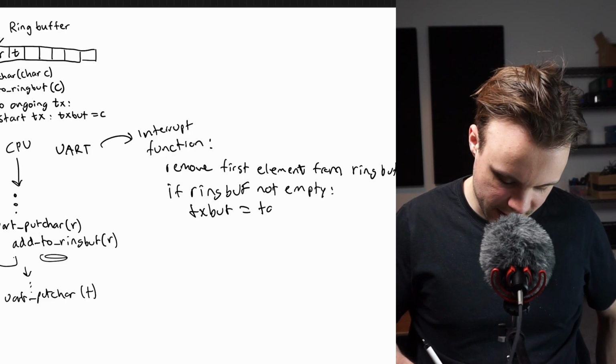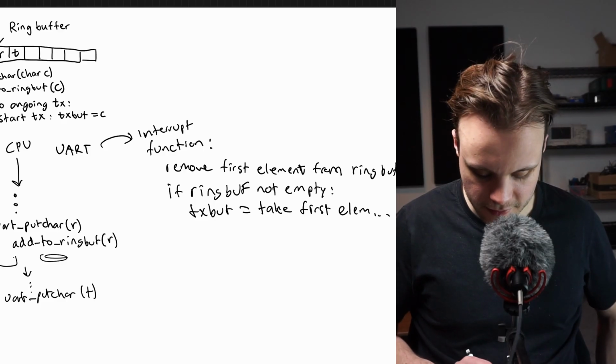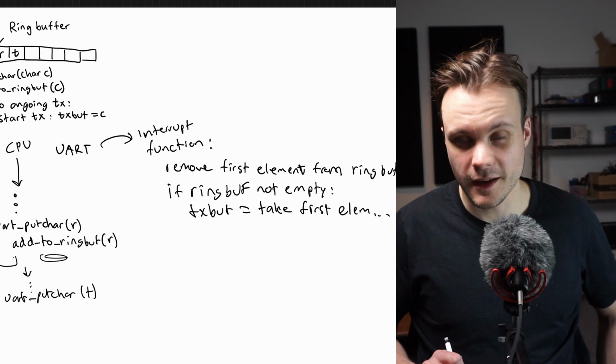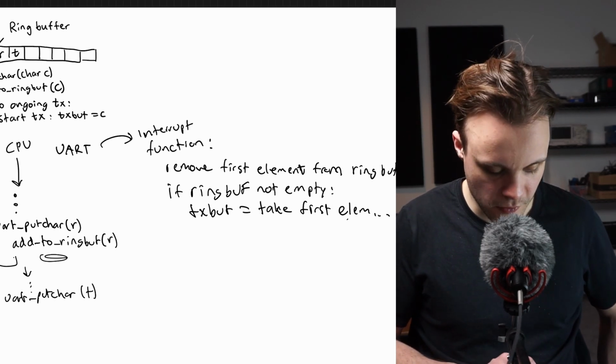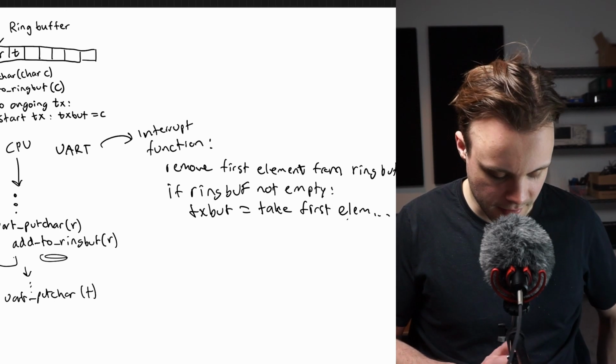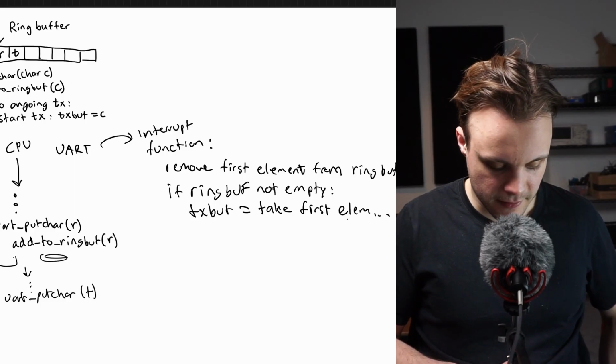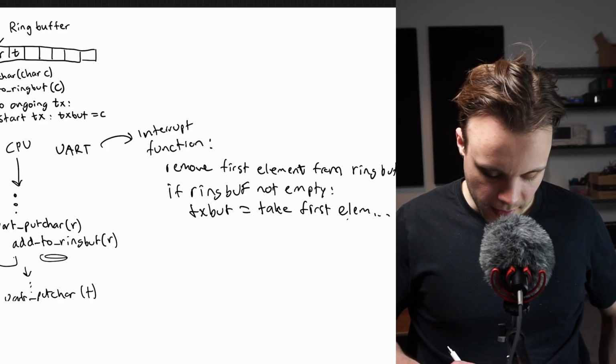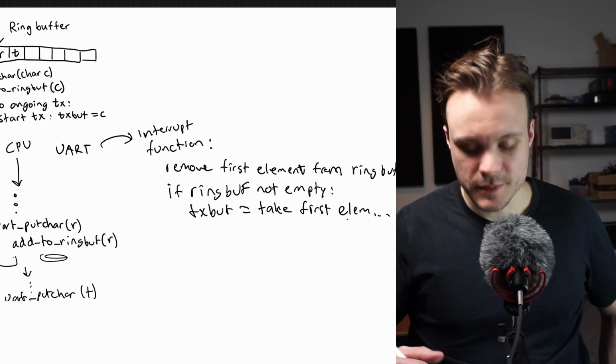So now since I removed the first element from the ring buffer, taking the first element is going to give me another element here. So I removed the first element, and then I take the next element, so that's going to be R. So I fill the transmit buffer with R, and that's going to start a new transmission.